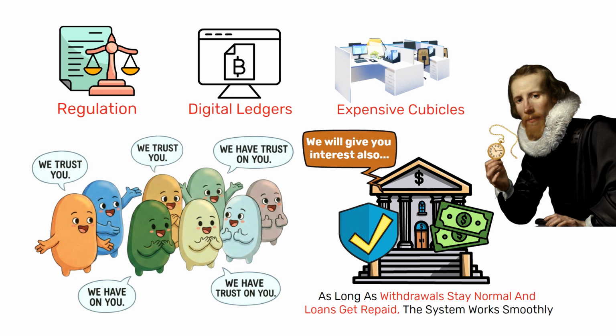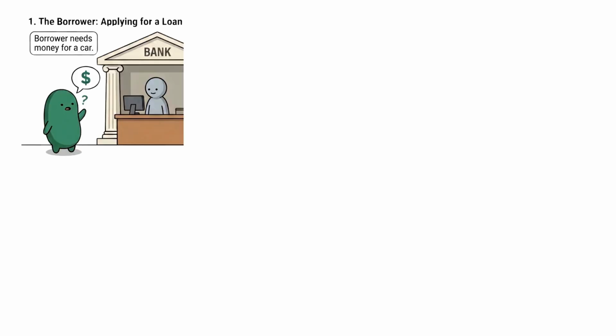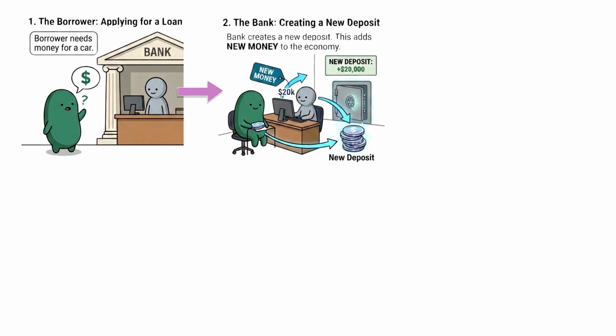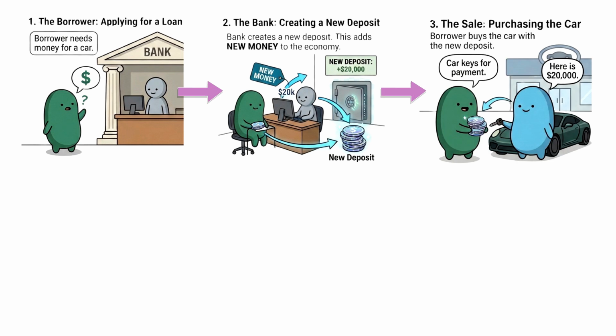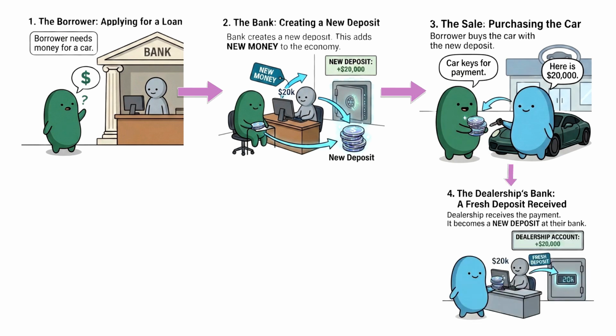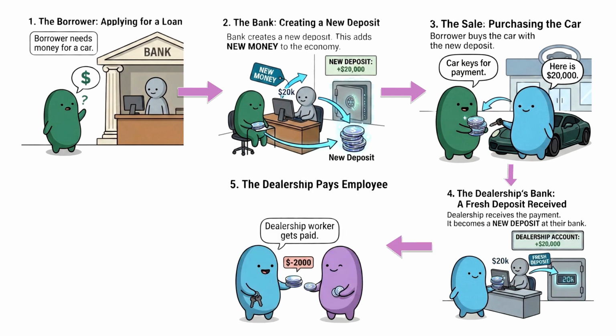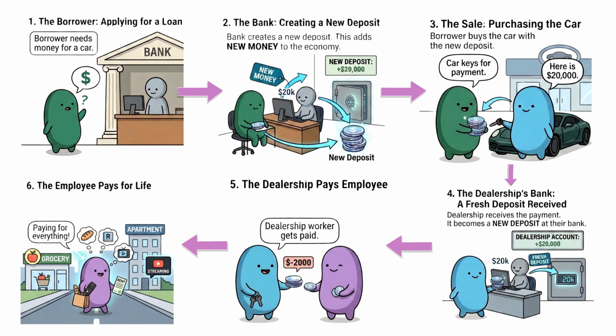To see how this plays out in real life, imagine someone taking out a loan to buy a car. The bank creates new money by adding a fresh deposit to the borrower's account. That person buys the car, and the dealership receives the payment as a new deposit at their bank. The dealership then uses that deposit to pay employees, who use it to pay rent, groceries, streaming subscriptions, and everything else.